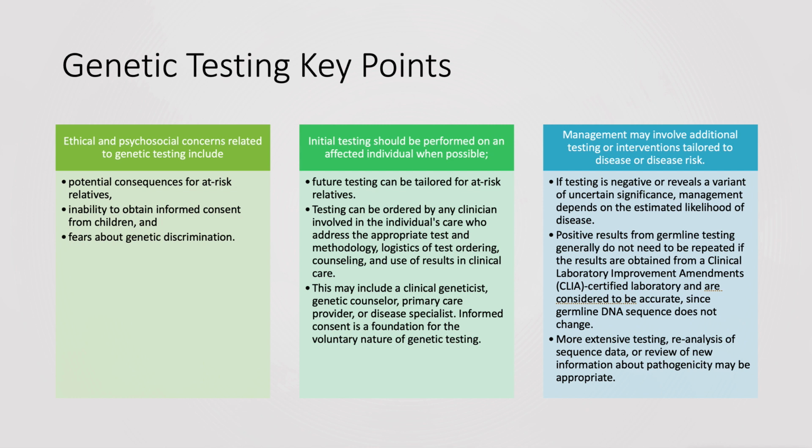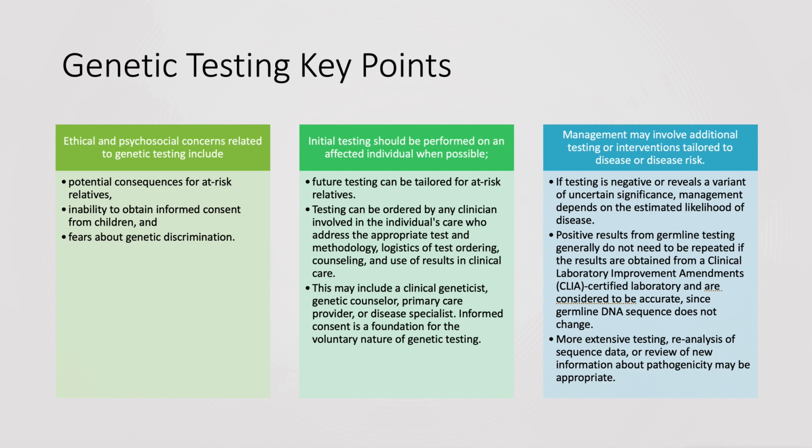Testing can be ordered by any clinician involved in the individual's care who addresses the appropriate test and the methodology, logistics for test ordering, counseling, and use of results in clinical care. So, to simplify that, generally speaking, primary care providers are not ordering genetic testing.